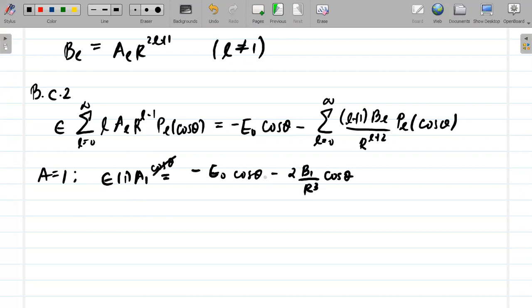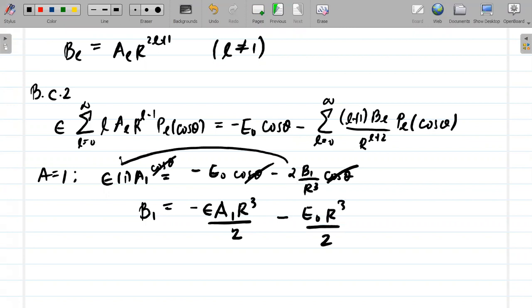Mawawala yung cos theta. So, B1 bale, isolate natin. That is equal to, teka lang, negative epsilon A1 R cube over 2 minus E naught R cube over 2. So, yan. Ito, nilagay ko doon. Ito, nilagay ko dyan. Para ma-isolate yung B1.